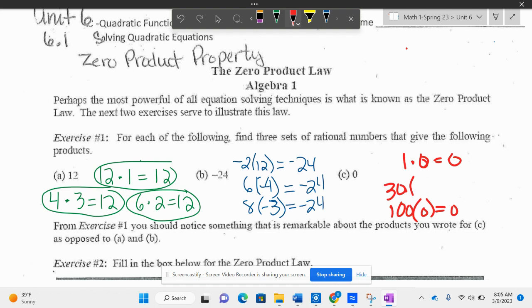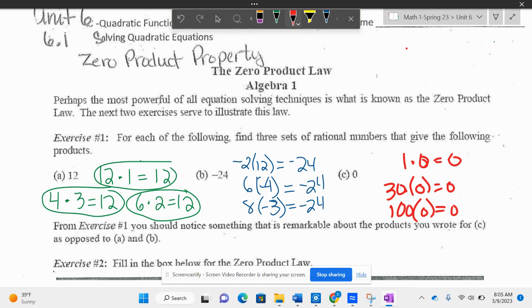What about 30 times 0? How many different combinations could you come up with? Infinitely many. Yep, for sure. Infinitely many ways to write something times something else equals 0, as long as you use the number 0.